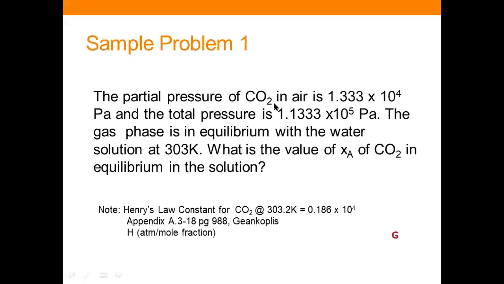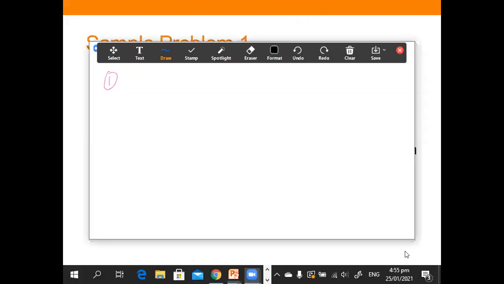For that particular system, we need the partial pressure of CO2 and the total pressure of the system. So this is 1.333 times 10 to the 4 and this is 1.133 times 10 to the 5. I think these are the only information that we can work on.